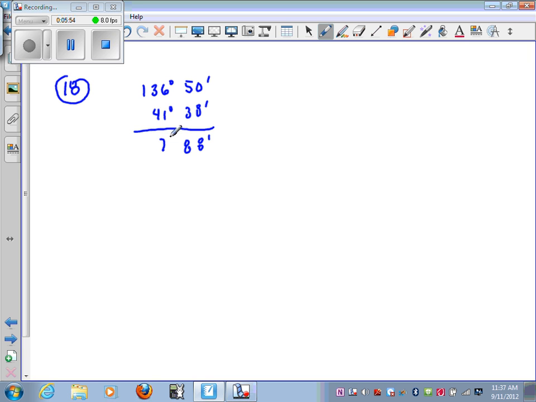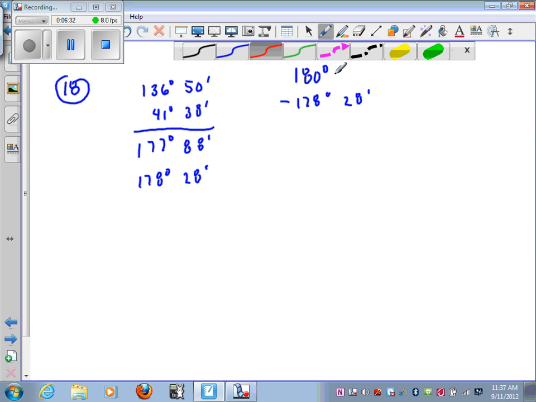Now what I got to do is take 60 minutes out of here and raise this. So this is 178 degrees, 28 minutes. That's the sum of two of the angles. So I take 180 degrees in the triangle and I subtract from it 178 degrees, 28 minutes.